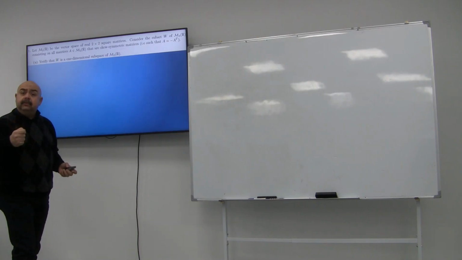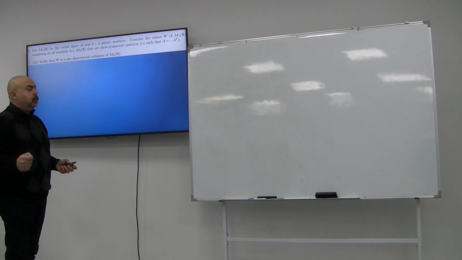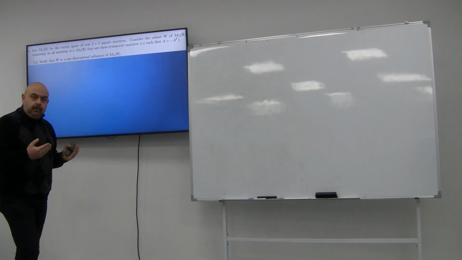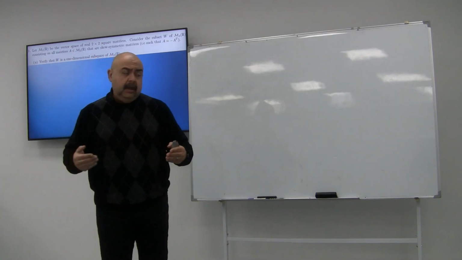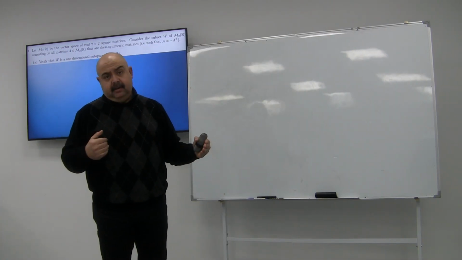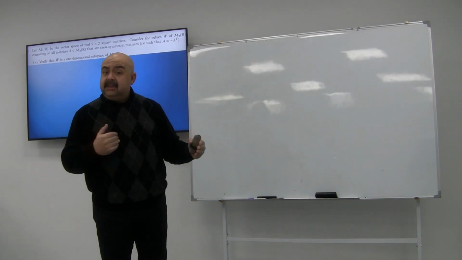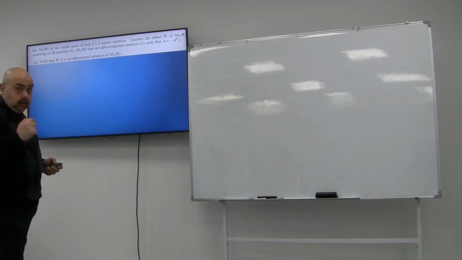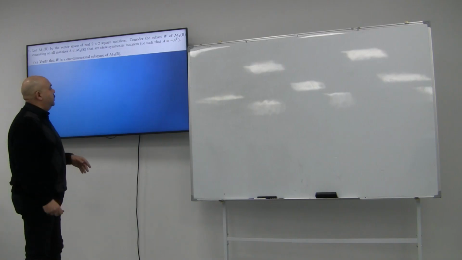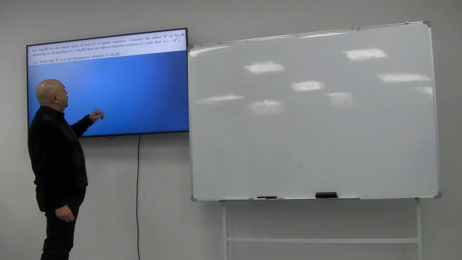That the dimension is 4, because a 2 by 2 matrix can be broken into the canonical form, and the basis of the 2 by 2 matrices has 4 elements. I will show it to you in the coming slide.